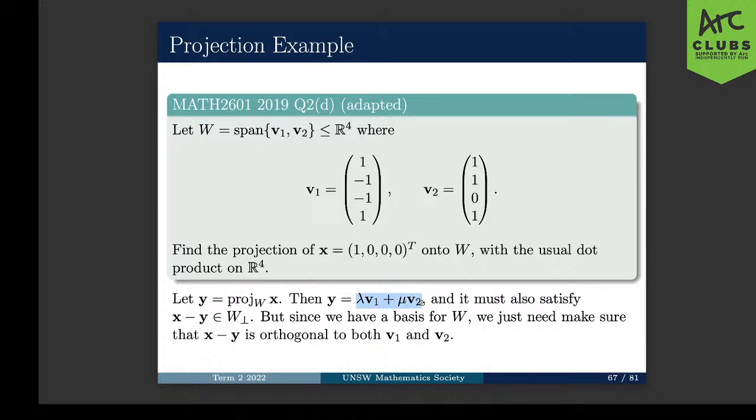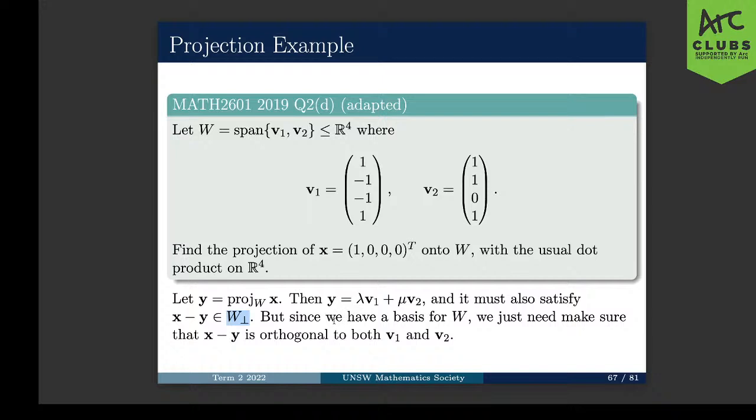And also, it must satisfy that x minus y is inside the orthogonal complement. Just think of this as subbing in the projection here, and we get that identity we saw in the previous slide. So x minus the projection of x onto W must be in the orthogonal complement.